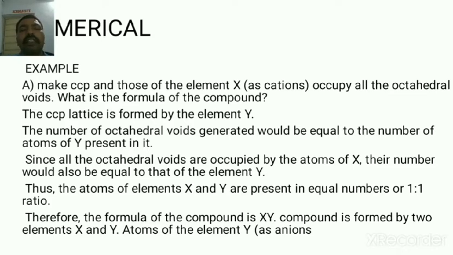The CCP lattice is formed by element Y, and the number of octahedral voids generated will be equal to the number of atoms of Y present in it, because Y forms the crystal. Since all the octahedral voids are occupied by atoms of X, the number of atoms of X is equal to that of Y. Thus the atoms of elements X and Y are present in equal number, or 1:1. Therefore the formula of the compound is XY.